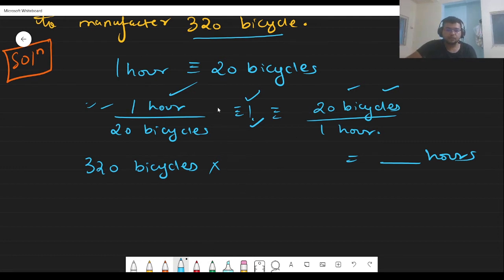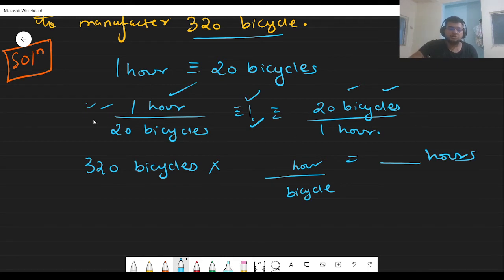Fine. So now we see that we have to convert bicycles into hours. What we need is hour in the numerator and bicycles in the denominator. Why? Then only I can cancel out this bicycle unit, and hours will remain.